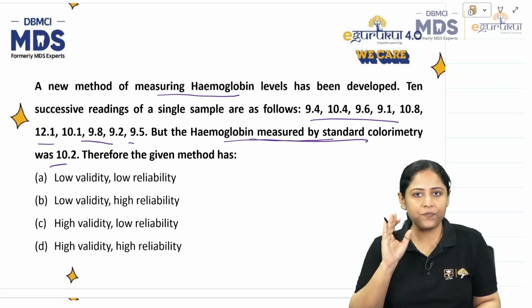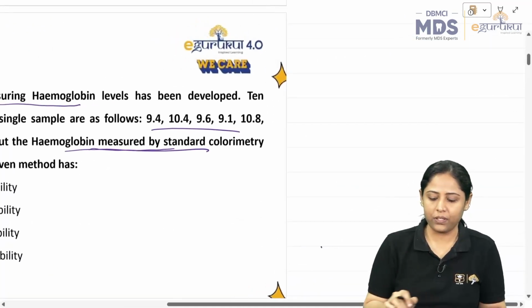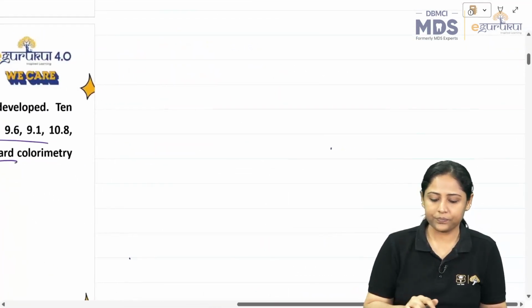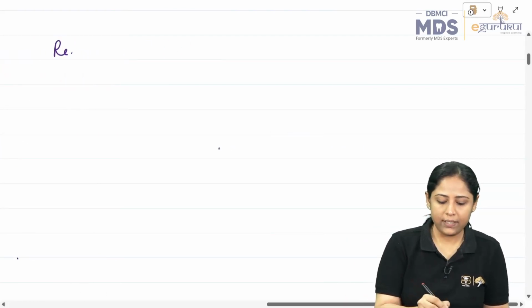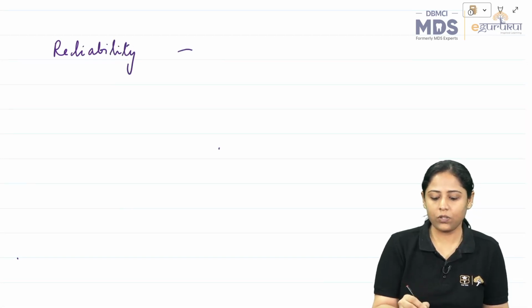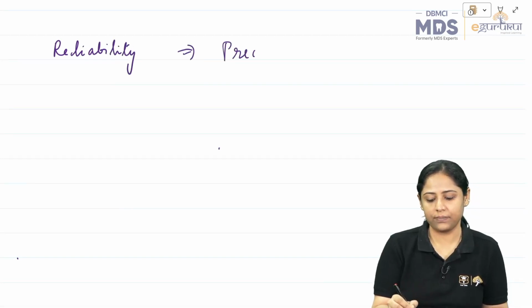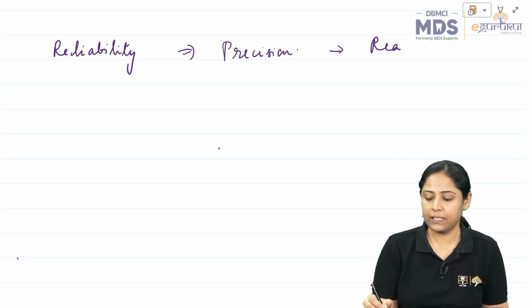So students, for this, first we will see what reliability and validity are, in brief. Reliability is also called precision, that is repeatability or reproducibility.